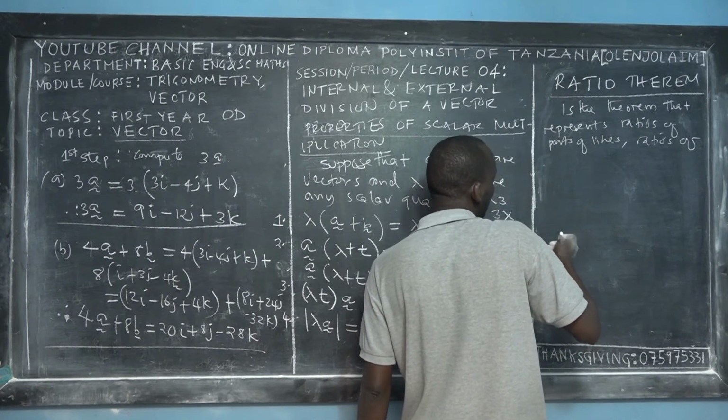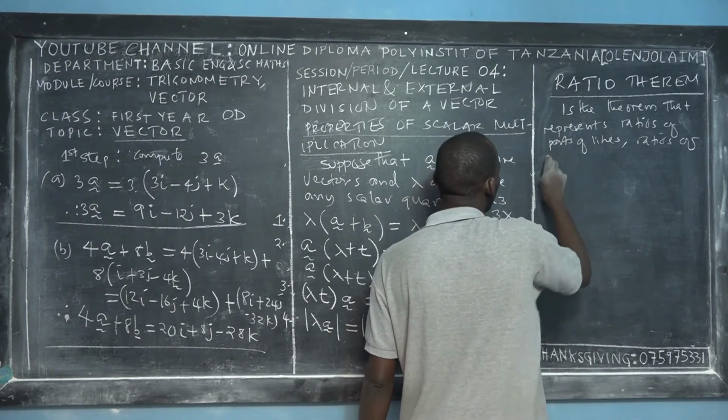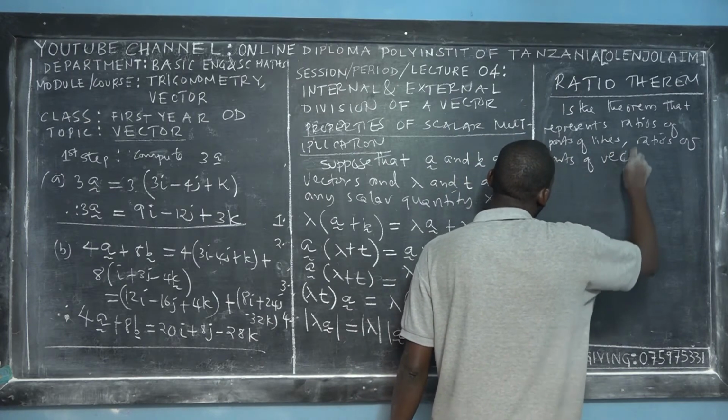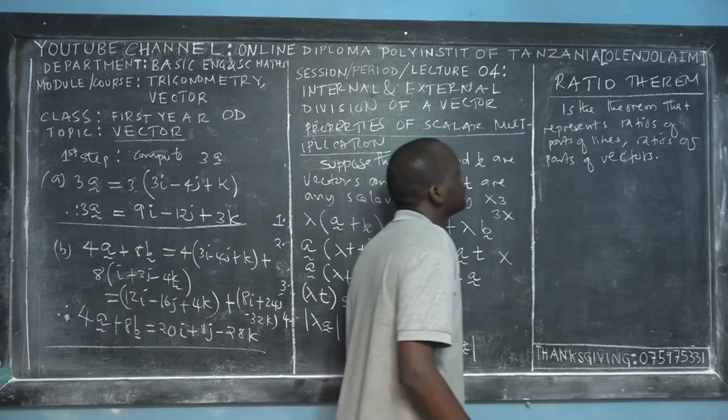It means ratios of parts of vectors. This is according to my understanding, parts of vectors.